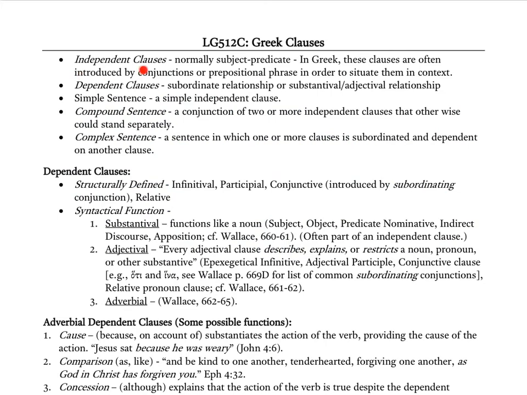We know right away we have to make the distinction between independent clauses and dependent clauses, or main clauses and subordinate clauses. An independent clause is normally just a subject and predicate, or at least a subject and predicate. In Greek, these clauses are often introduced by conjunctions or prepositional phrases in order to situate them in context. But the independent clause is that which stands by itself.